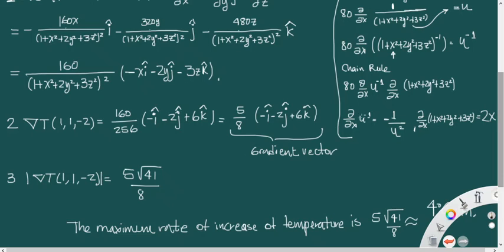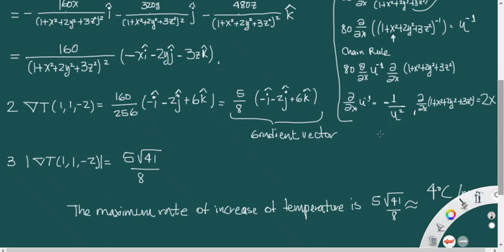So now we have the first part, which is the outer part. This is going to be substituted by u, and the derivative of the other part is 2x.